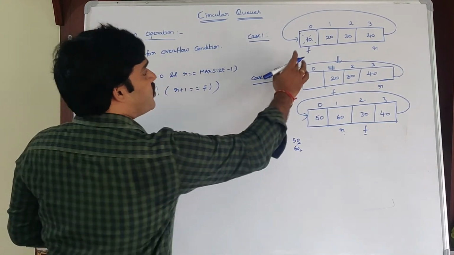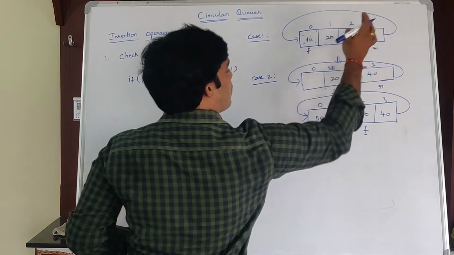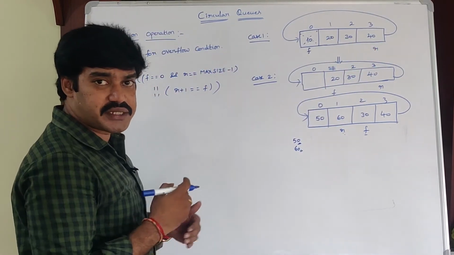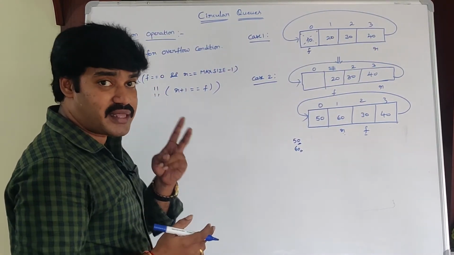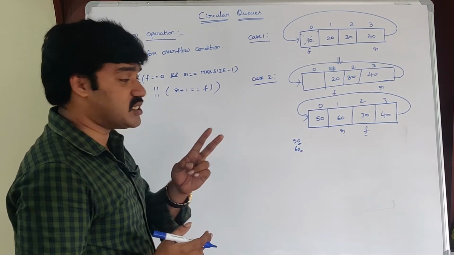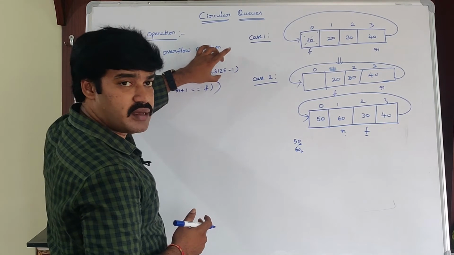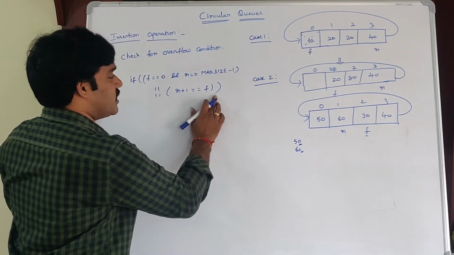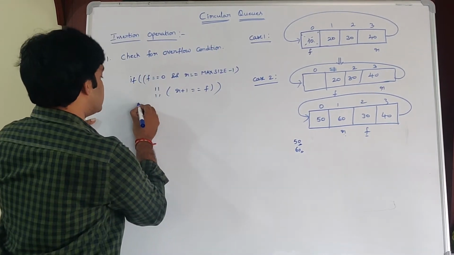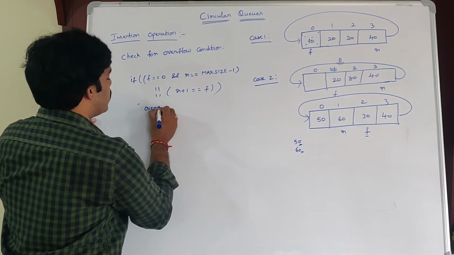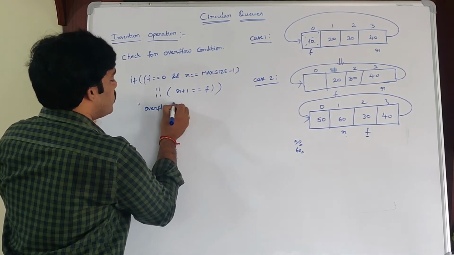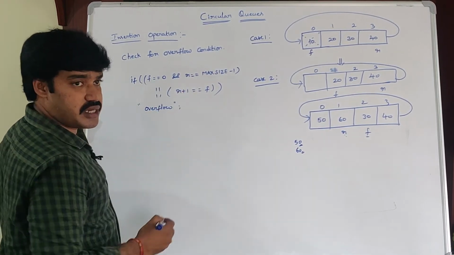Or if F is equal to 0 and REAR reaches max size minus 1, that indicates our circular queue is full. The important thing is these two conditions: first, F is 0 and REAR reaches max size minus 1; second, REAR plus 1 is equal to F. That indicates overflow, and it is not possible to insert an element into the circular queue.